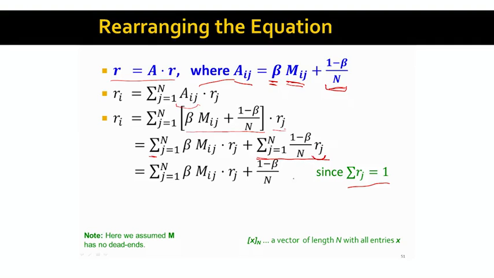So the second summation basically simplifies to just this constant of 1 minus beta over n. So notice what we did right now. We expressed our r equals A times r into a different expression, where r equals beta times M times r plus some constant, right?